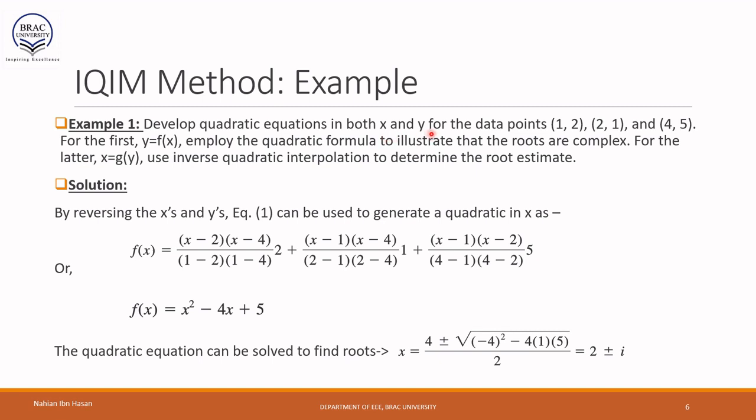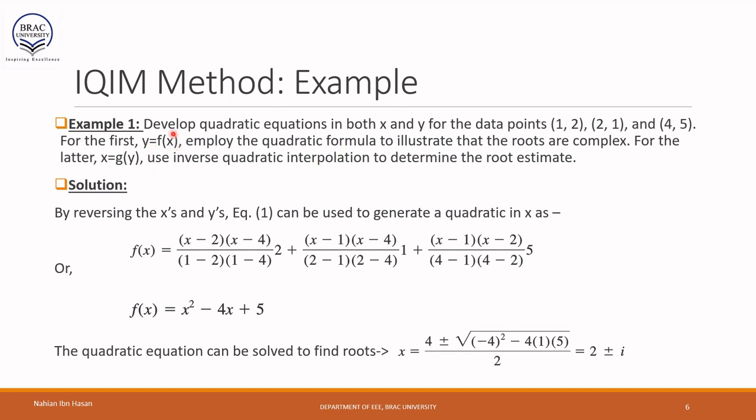So for the QIM method, that means quadratic interpolation method, our independent variable will be x, but for the inverse quadratic interpolation method, IQIM, our independent variable will be y. So the corresponding Lagrange equations will be different.